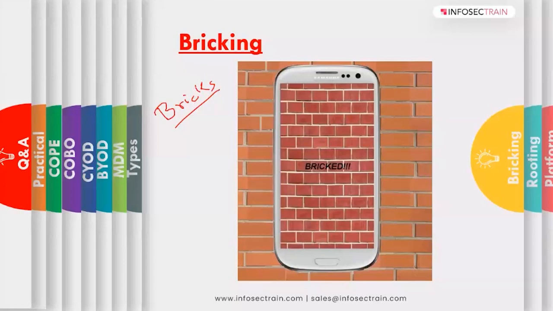And when it goes to recovery mode or safe boot mode and it's not going forward, nothing is happening, then your phone can be used as a brick to build your home, right? So there is no use of your mobile phone again. Just purchase a new one, right? And use it as a brick. That is bricking, right? When your mobile phone gets stuck.